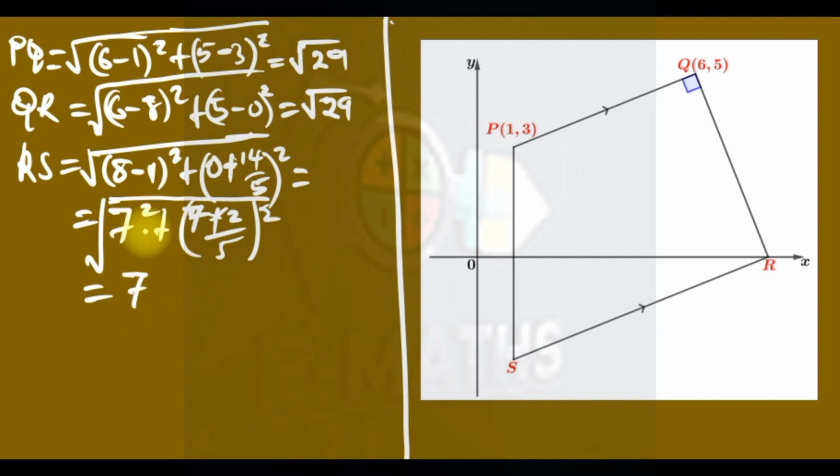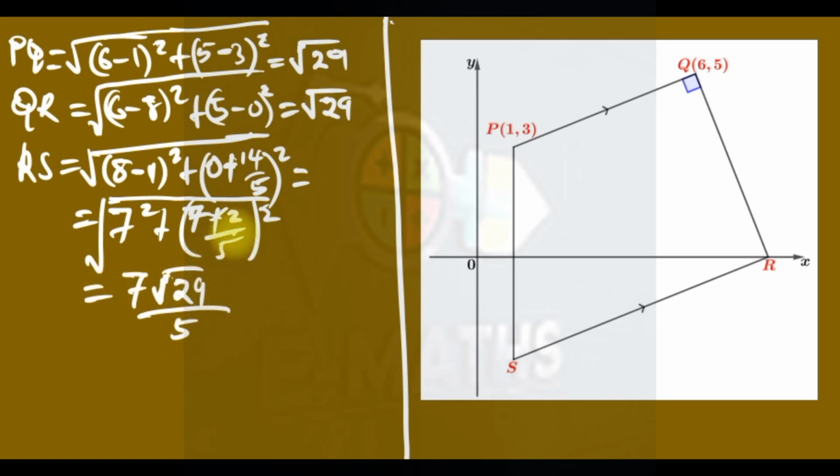We are left with 1 here, and we are left with 4 over 25. So 1 plus 4 over 25 is 29 over 25. So square root of 29 over square root of 25, which is 5.